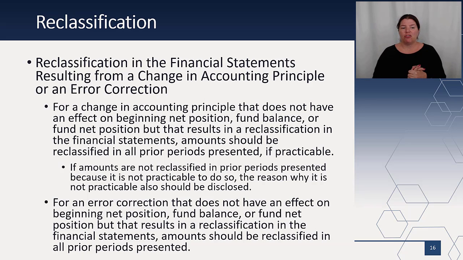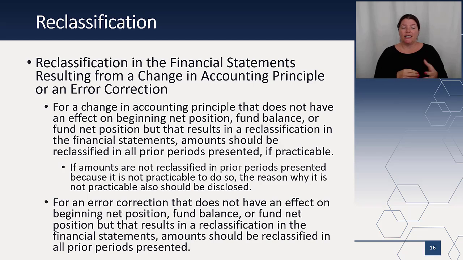They also address reclassification. So if you do a change in accounting principle and things move around, or you have an error correction, what does that presentation look like? For a change in accounting principle that does not have an effect on net position, but does result in reclassification, then we are going to reclassify all prior periods presented.